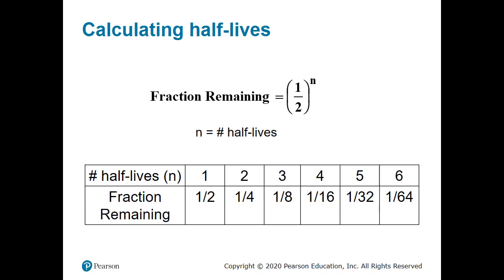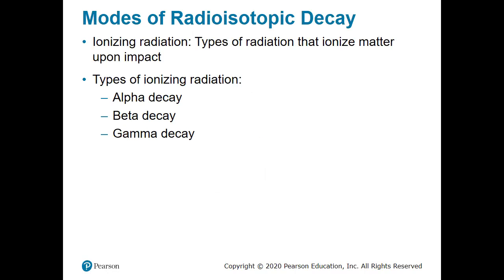So the next thing we want to start looking at is, we know that samples are going to decay over time. What kinds of radioactive decay are there? It turns out that there are 3 primary types of radioactive decay. And those radioactive decays are what are known as ionizing radiation.